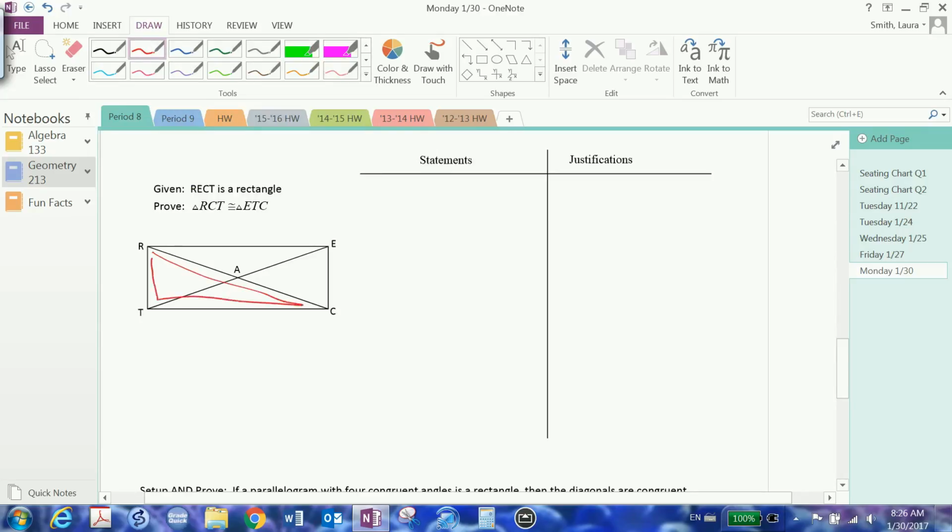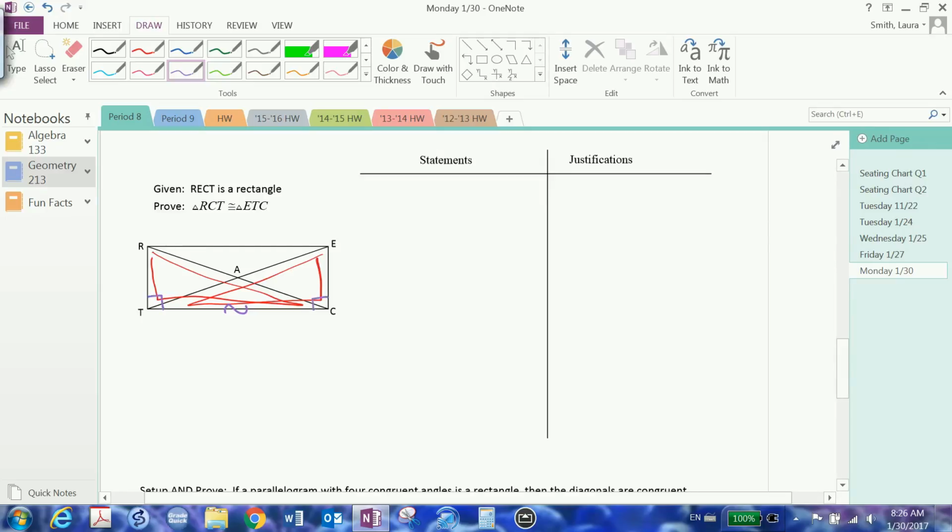Now we have a rectangle, and our target is to prove that triangle RCT is congruent to triangle ETC. Ooh, overlapping triangles.